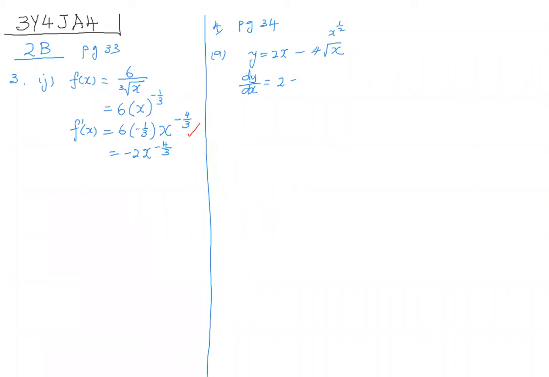2, divided. So 4 times half. Am I right? Bring down the power. Times by the power. Then power.